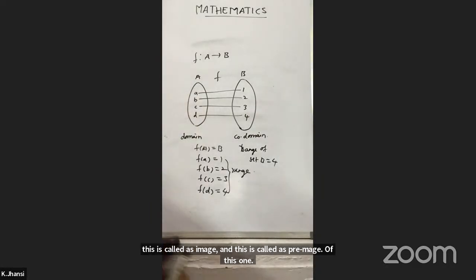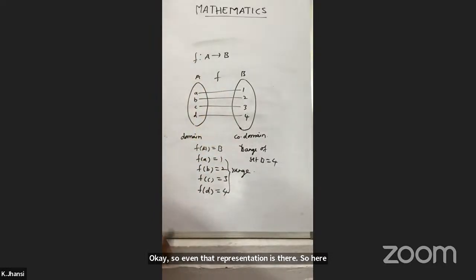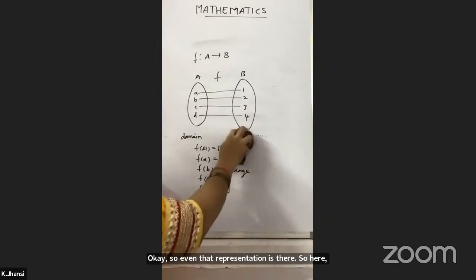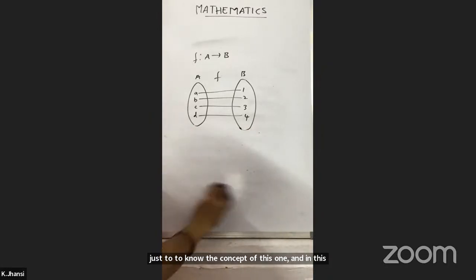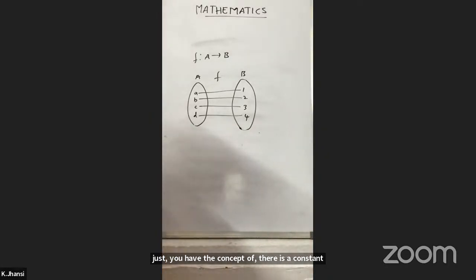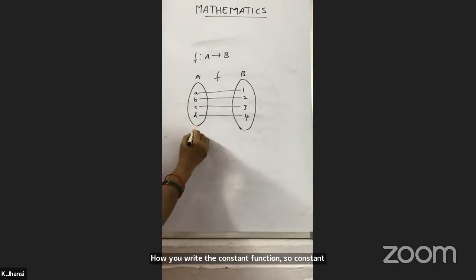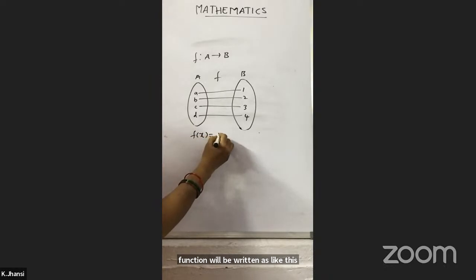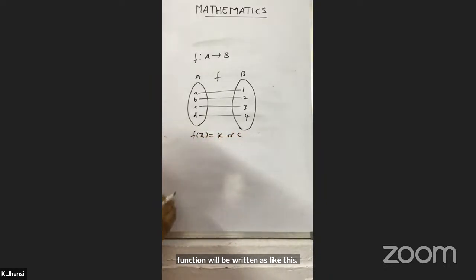Okay, so even that representation is there. So here just to know the concept of this one, and in this just you have the concept of a constant function. How you will write the constant function? So constant function will be written as like this, f of x equals to k, or you can write c, or like this anything.